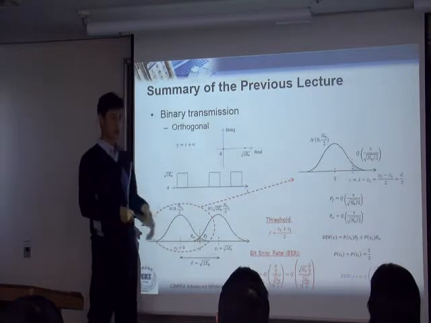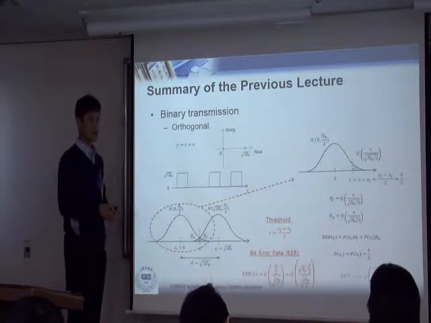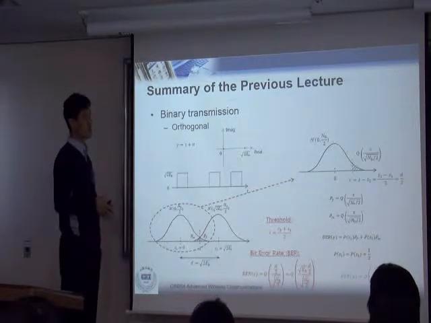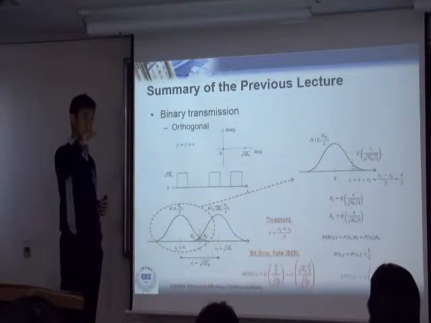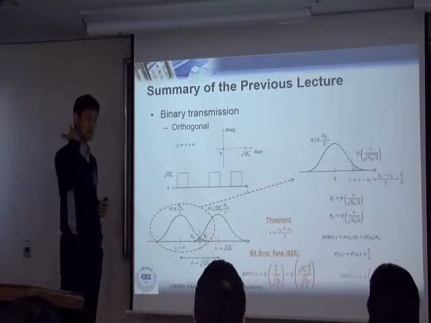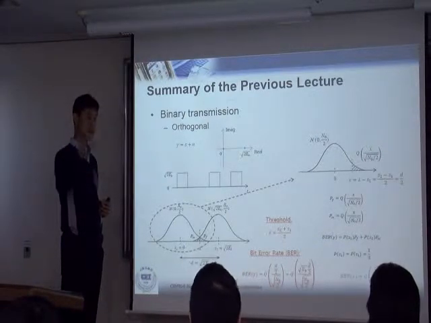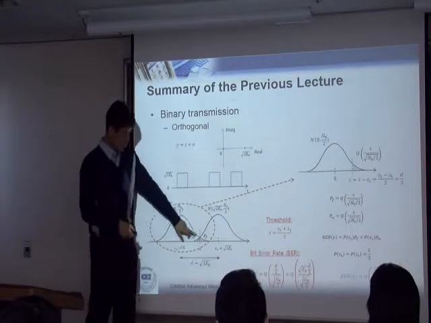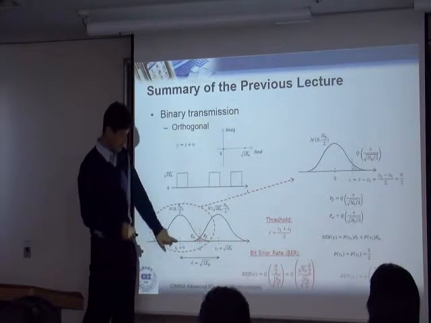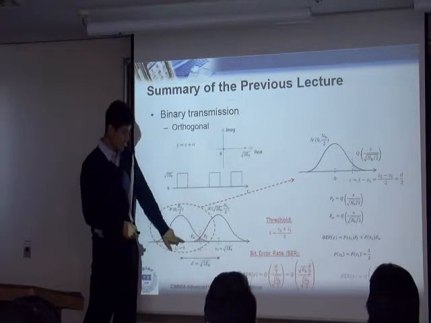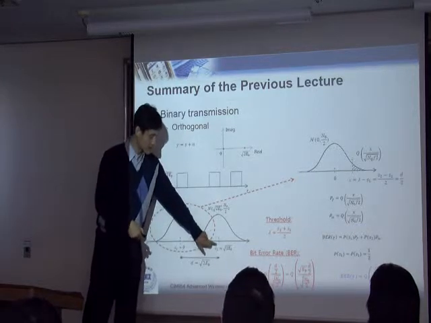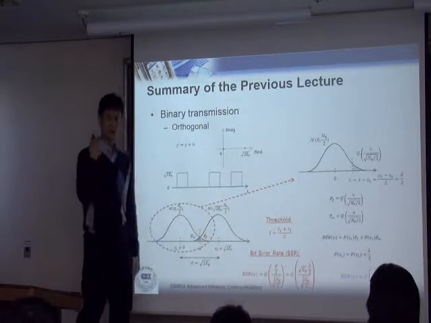What is a false alarm? False alarm basically means that there's nothing, but I falsely think that there is something there. So the false alarm probability means that there's in fact nothing, but I consider that there is a transmitter.